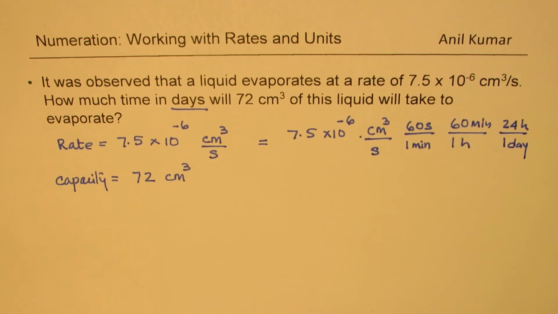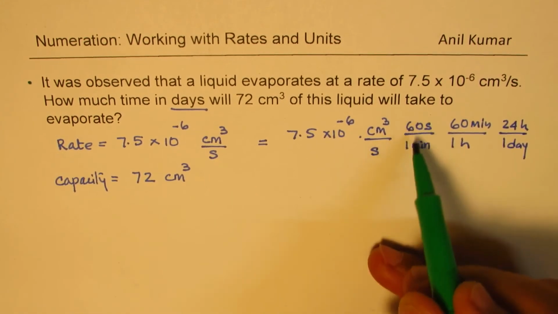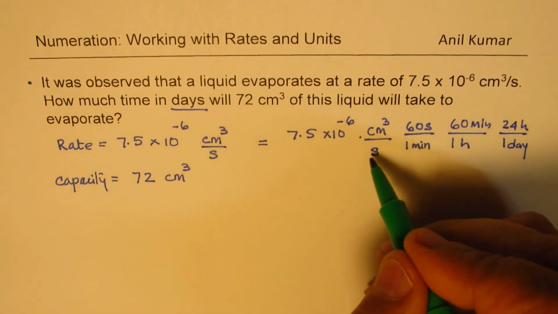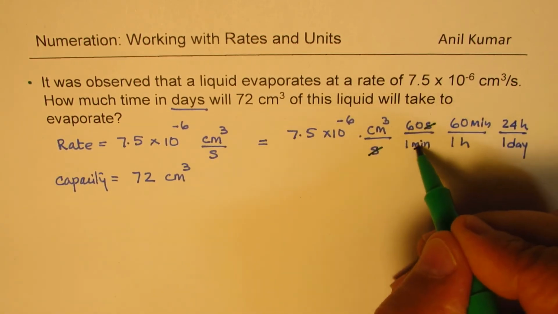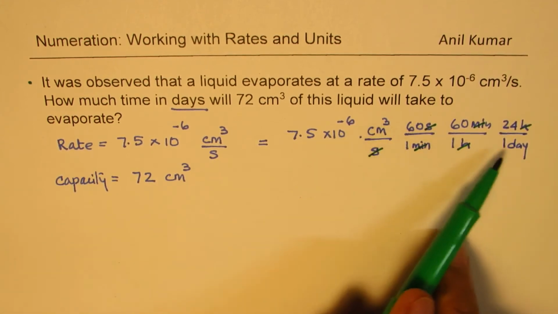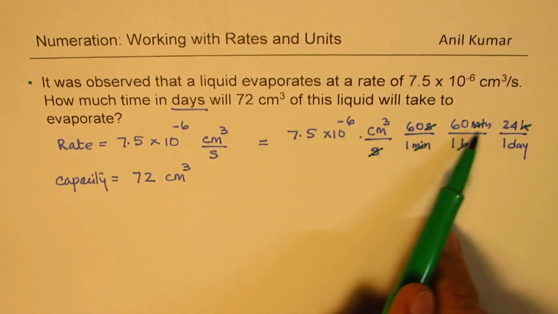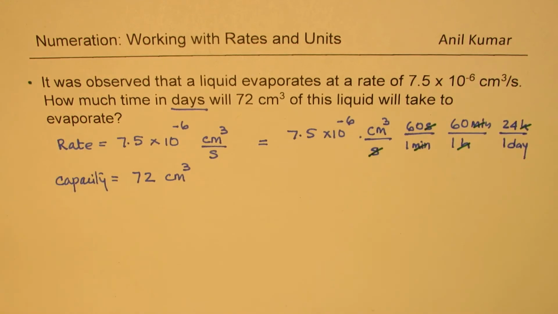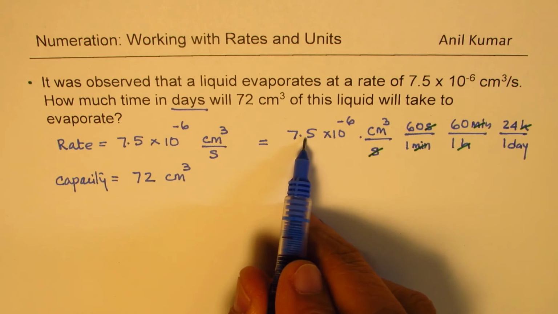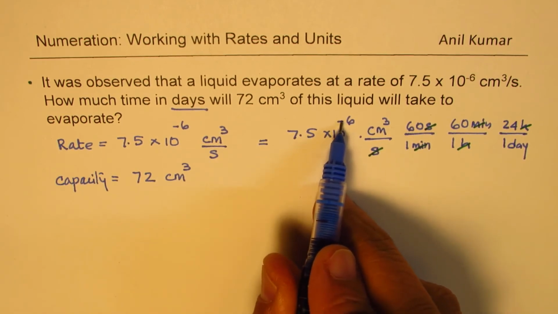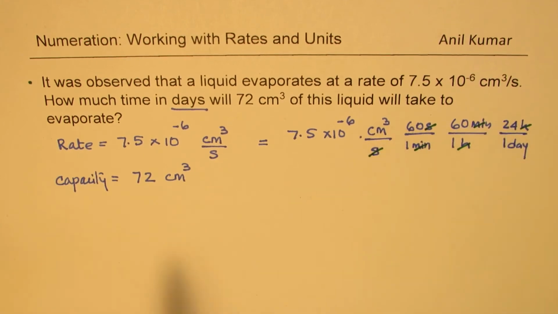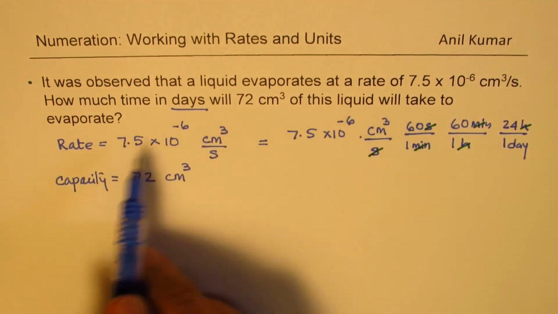Likewise, we could gradually get from seconds to minutes, minutes to hours, and hours to days. Now see how the units cancel away, and you get what you need, centimeter cube per day. So we'll rewrite this rate as 7.5 times 10 to the power of minus 6 times 60 times 60 times 24, correct?